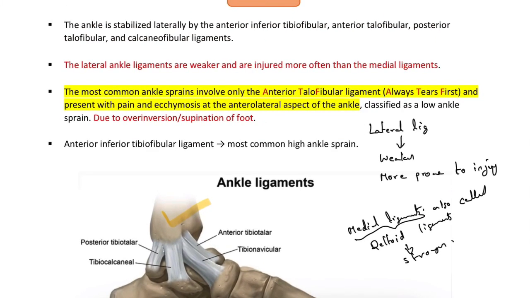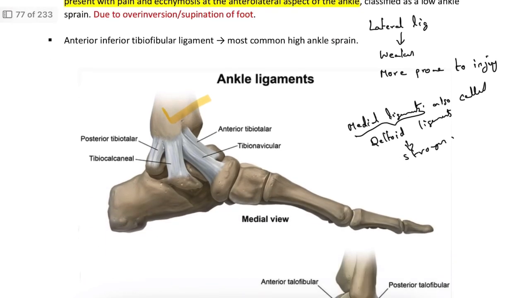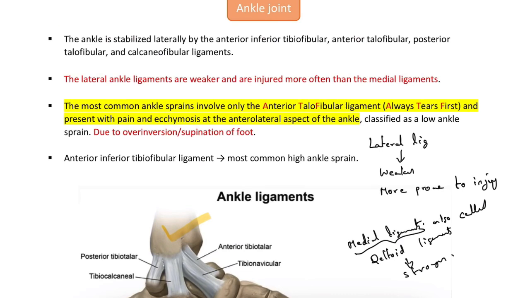So in lateral ankle ligaments, focus on the lateral ankle ligaments because they stabilize the outer part of the ankle and are commonly injured. Here, what are the ligaments you can see? First of all, anterior talofibular ligament.